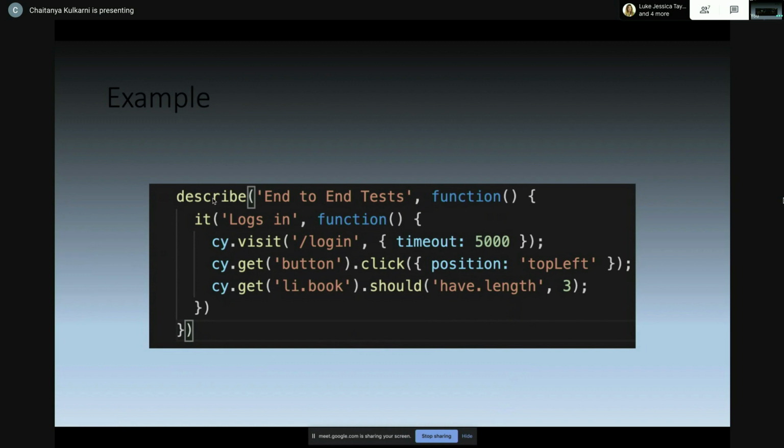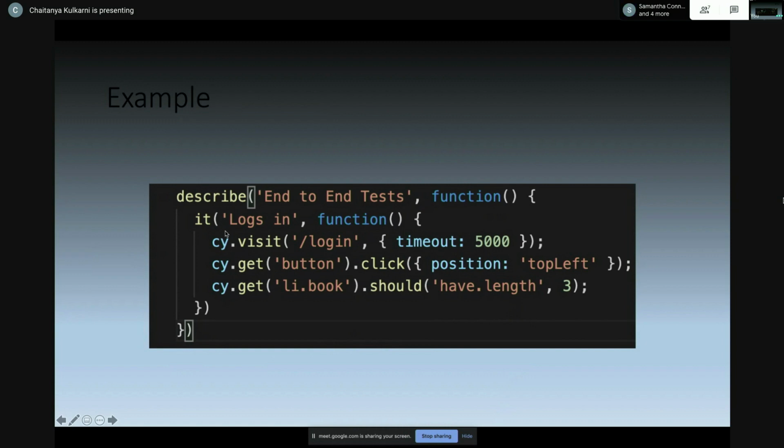Say if I want to describe a scenario, if I'm trying to test a login page, or a particular functional flow, then I would start with describe. It is nothing but a test case. So I'm saying that I want to do an end-to-end test, and the first thing I want to do is: does it log in?